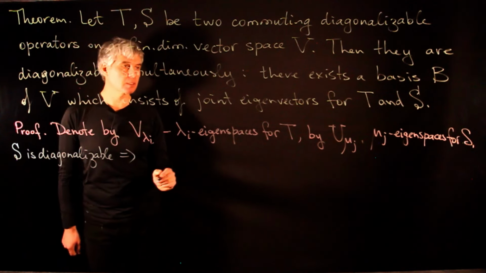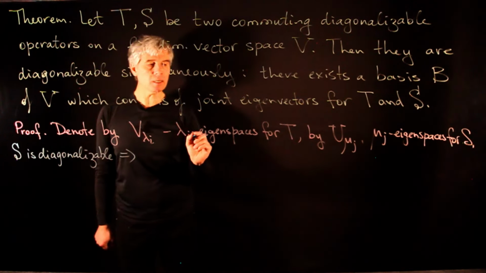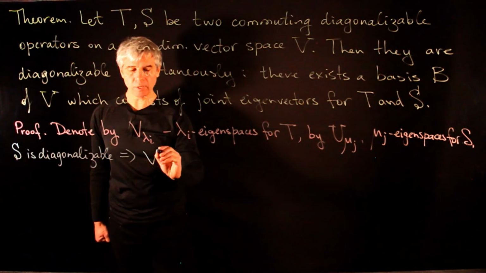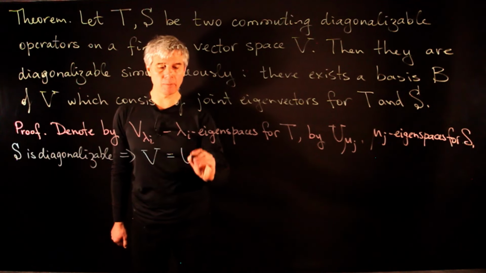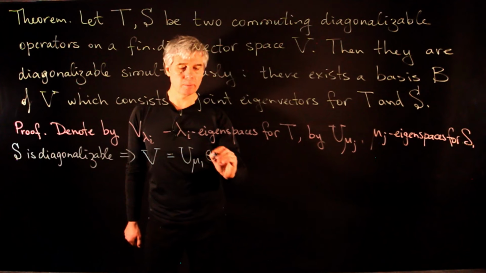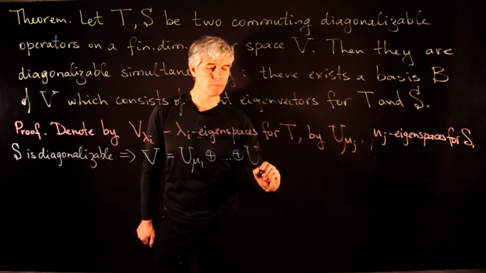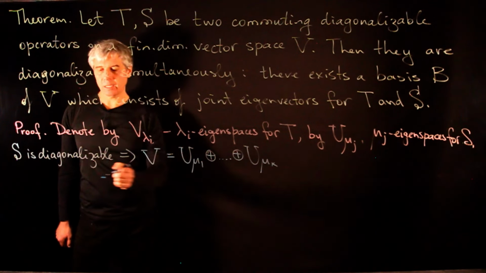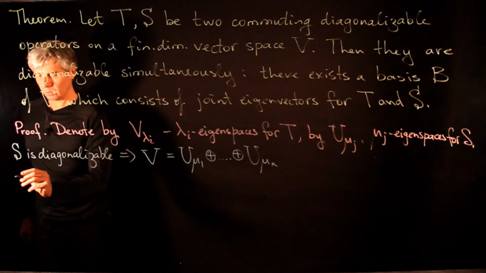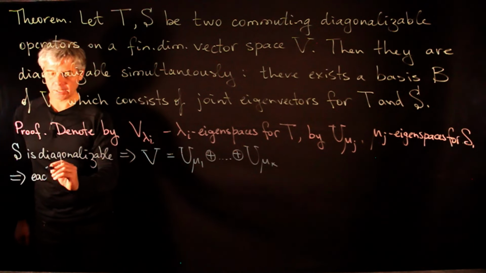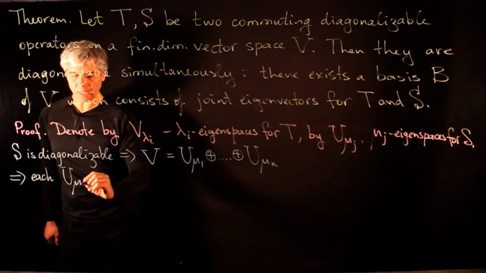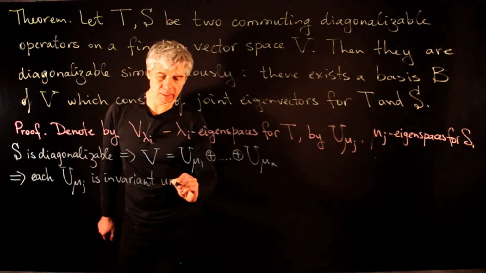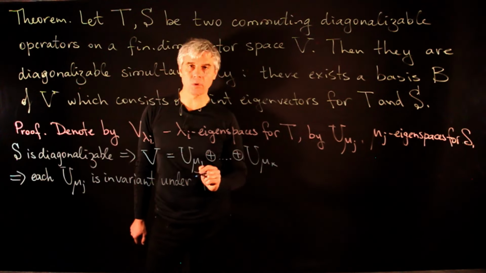So this means that our vector space V may be decomposed in a direct sum of eigenspaces for S. So V is equal to the direct sum U mu 1 plus ... plus U mu k. And we saw that each S eigenspace is an invariant subspace for T. So this tells us that each subspace U mu j is invariant under T. So this is something that we proved earlier.